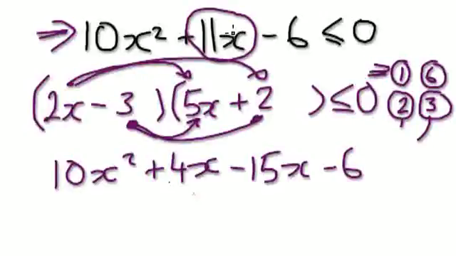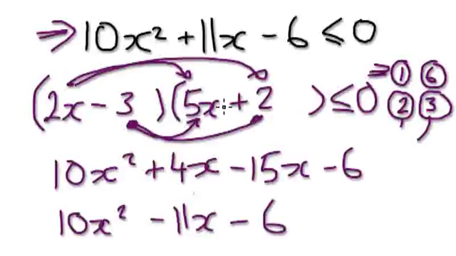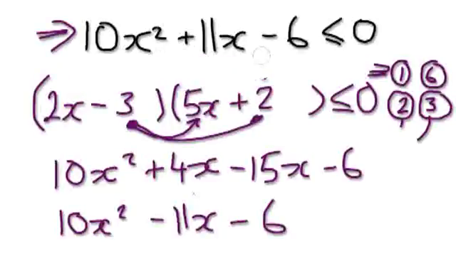Looking at this, it will give us positive 11x. Positive 4x, negative 15x, that would give us a negative. Now that won't work, so let's switch this around. If you tidy this up, 10x squared, and then this will give us negative 14x, and this will give us negative 11x and then negative 6. Well, we want positive 11. So I know I'm nearby. I know I'm close to getting the answer.